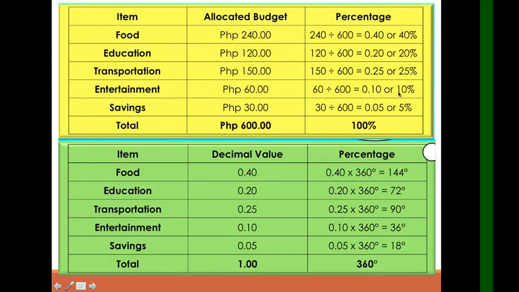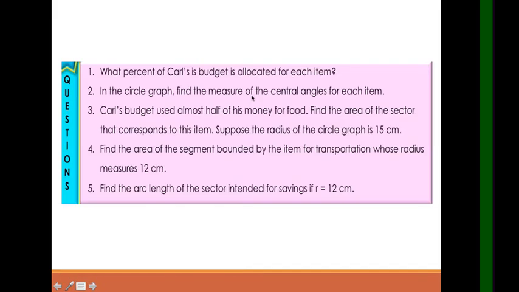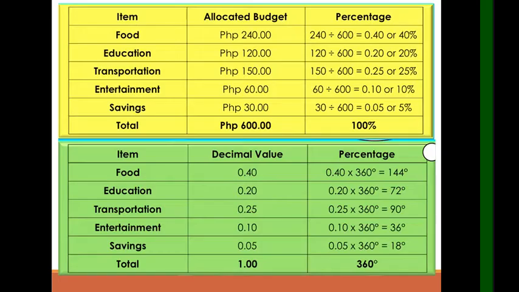Next is 0.10 or 10% and 0.05 or 5%. Add all of these to get a total of 100%. By the way, we already answered number 1 about the percentage of Carl's budget allocated.